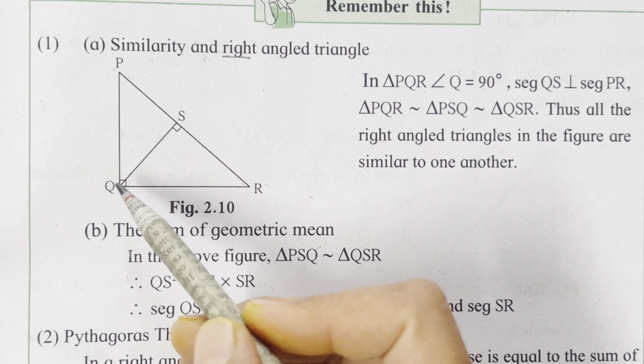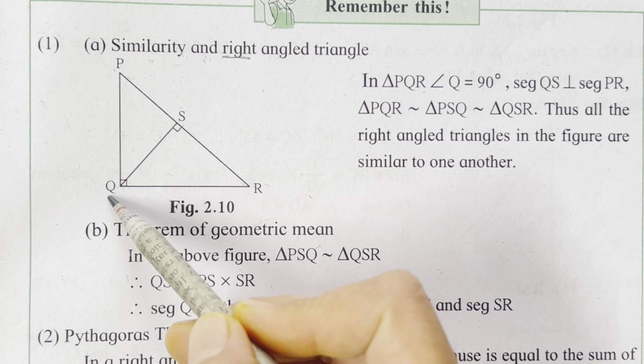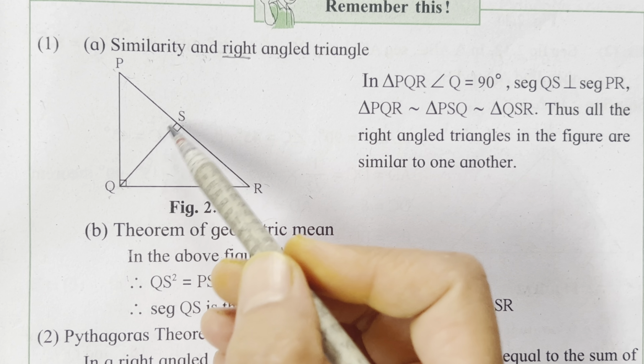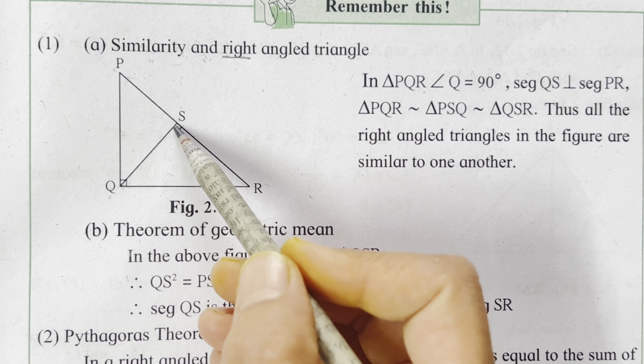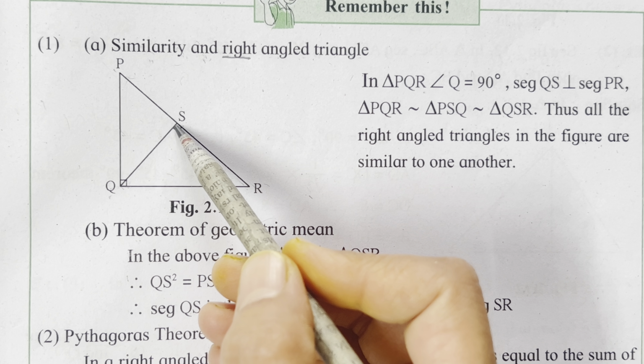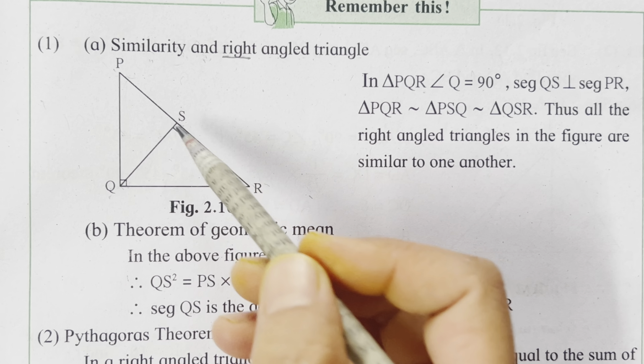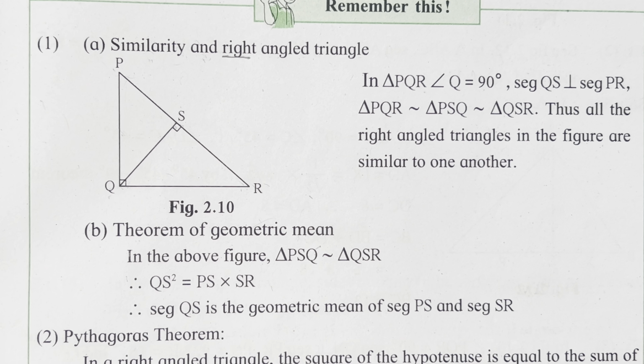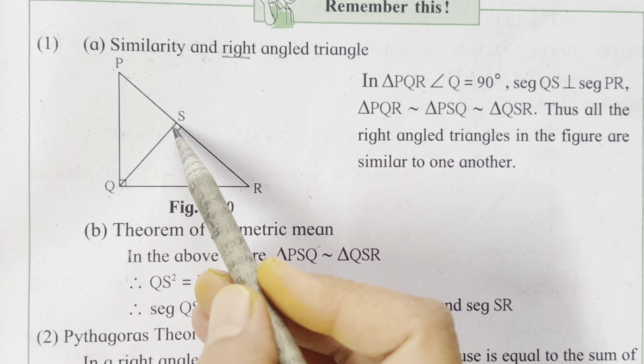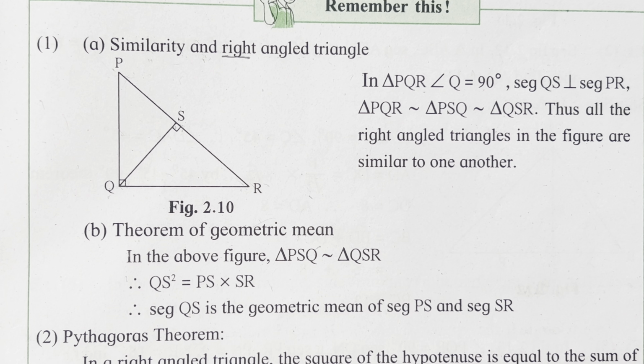Alright, so segment QS is perpendicular to PR. This is what has been given in the theorem, that this is the perpendicular drawn on PR, that is, on the hypotenuse. When a perpendicular is drawn, it already forms a 90 degree angle, that we all know.